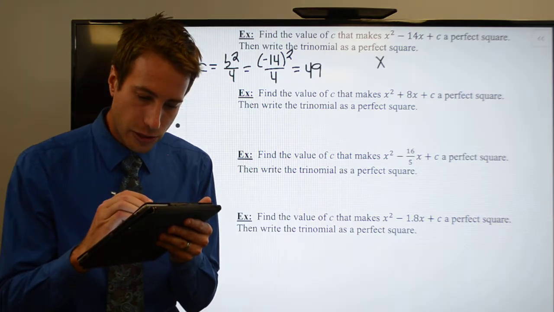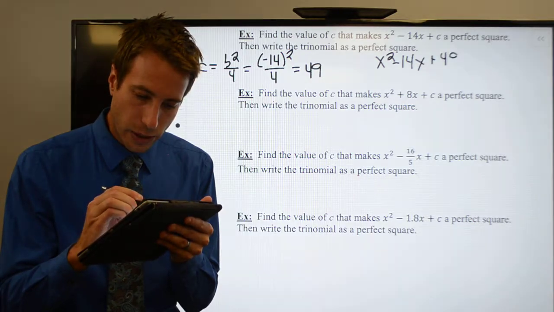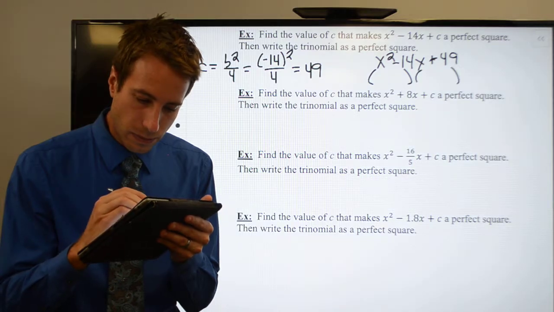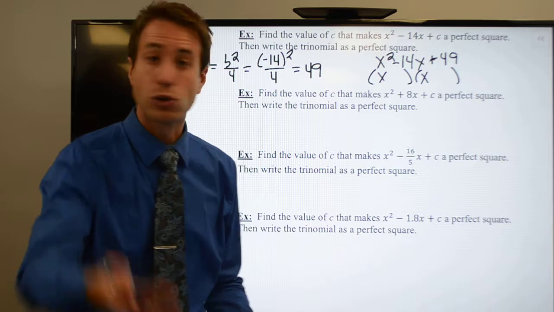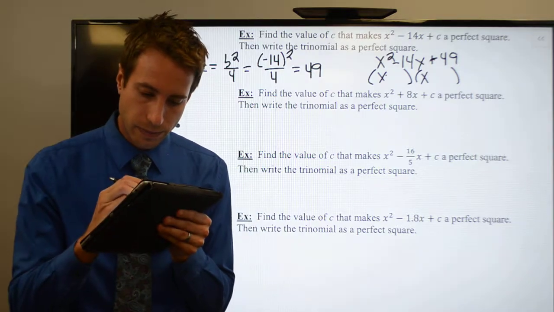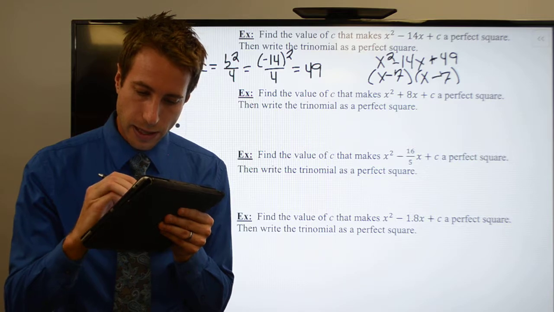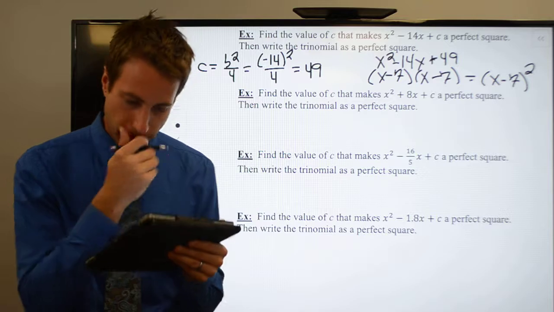Which means I'm going to have x squared minus 14x plus 49. 49 is a perfect square, so you're going to wind up with a negative 7 minus 7, and that's going to be x minus 7 squared.